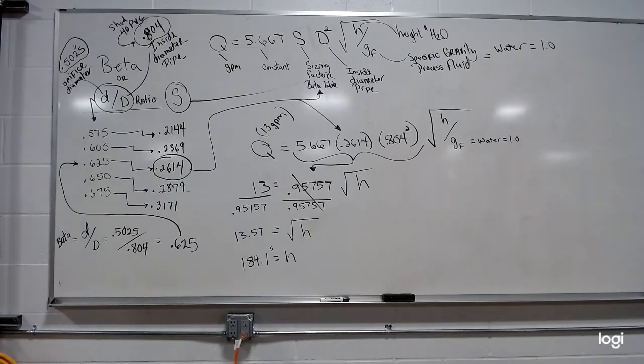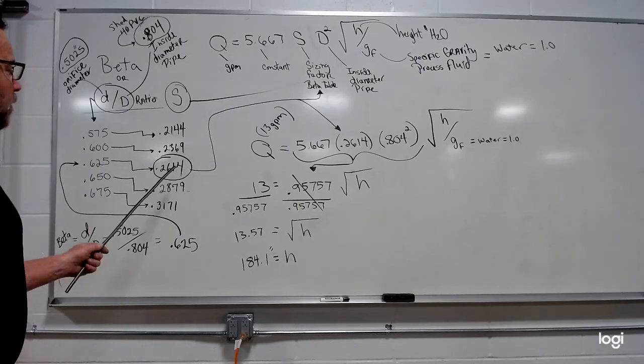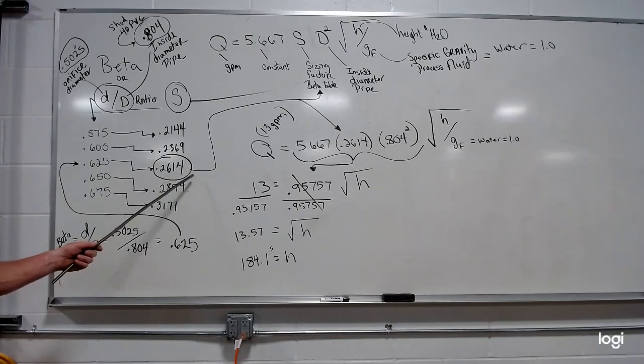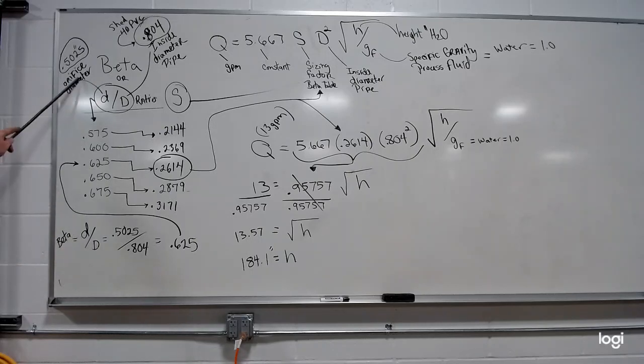So the sizing factor is in a table, and to pull that number out of the table, you need to know what the beta is. And the beta is actually the little d to big D ratio. Now this little d here is the orifice diameter.